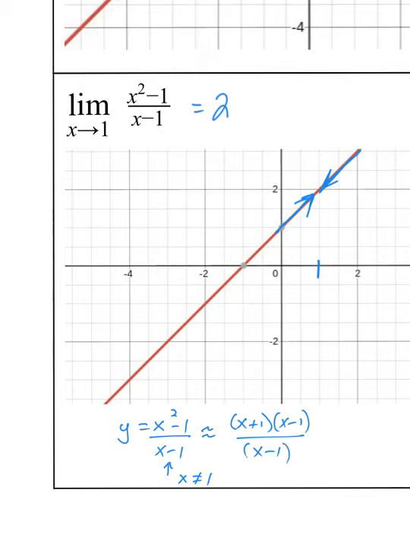I can factor the top, and the x minus 1's cancel, and you're left with x plus 1. So it's actually graphing as a line, except this line is going to have a hole at 1, 2.